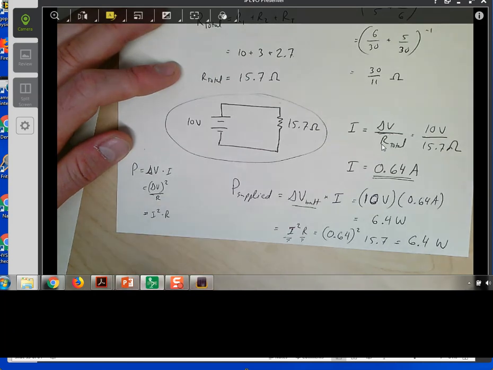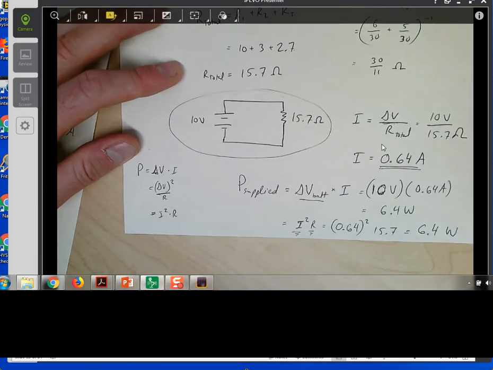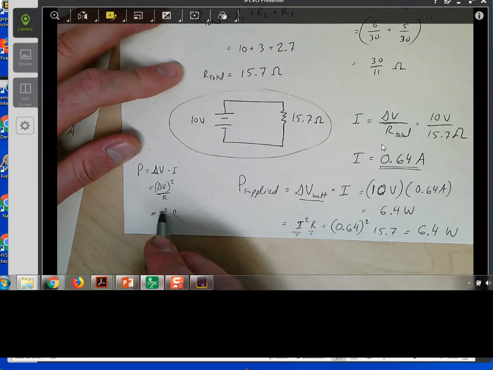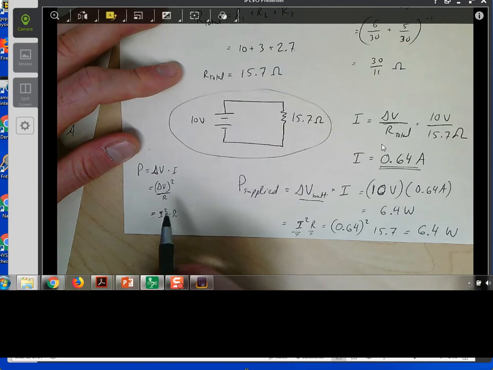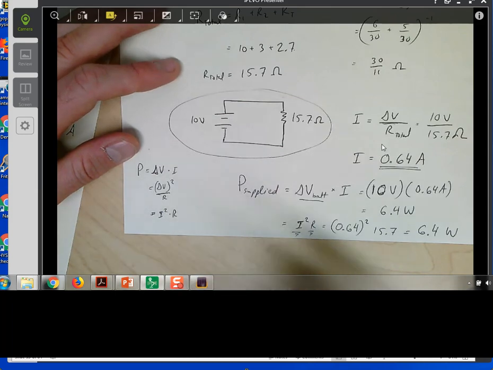If you are trying to find the power dissipated through any one of the resistors, as long as you know the current through the resistor and its resistance, you'll get the same result as if you knew the voltage drop across that resistor, squared it, and divided by the resistance. Or in our case, using the voltage drop and the current going through the resistor, we should get the same result in all three cases.